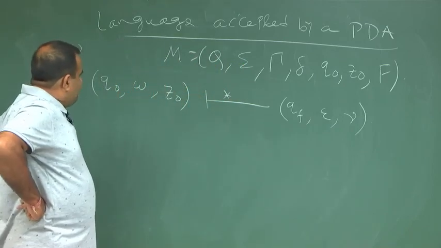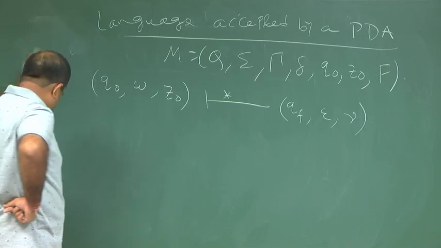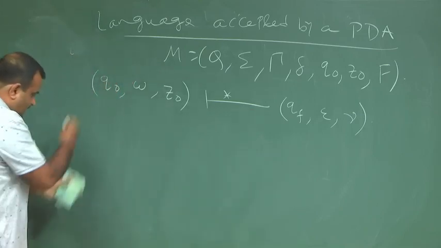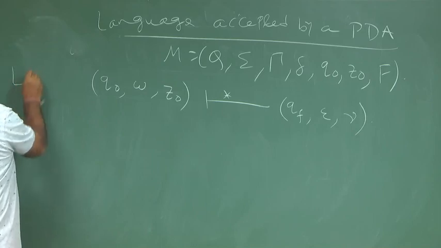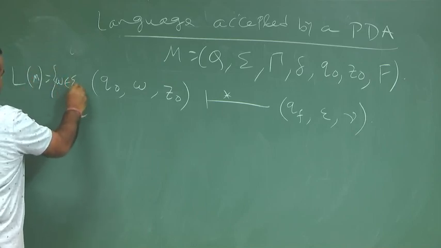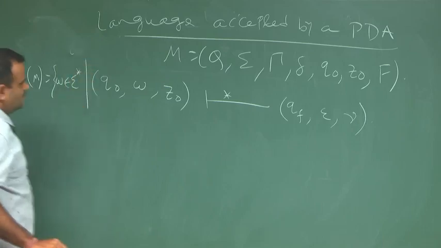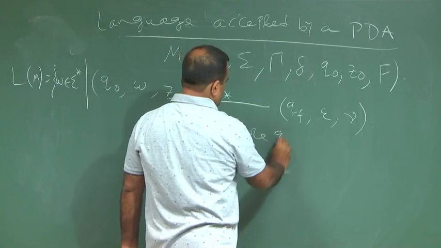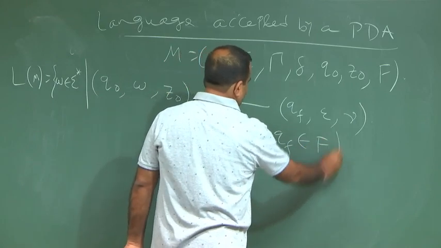Okay, so, situation is like this. If QF is the final state, then this kind of string is called language accepted by final state. So, this is the set of all W in sigma star such that this holds, where QF is a final state.